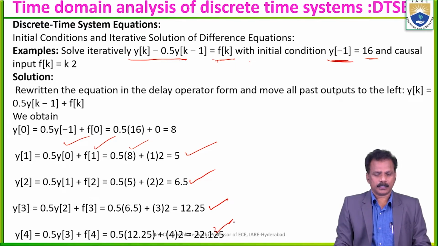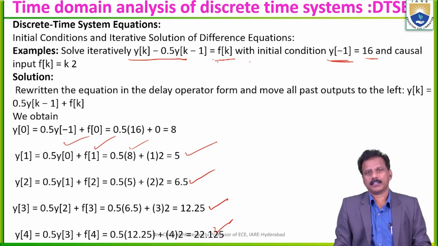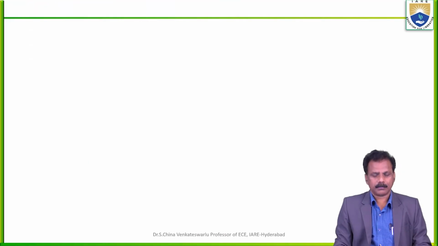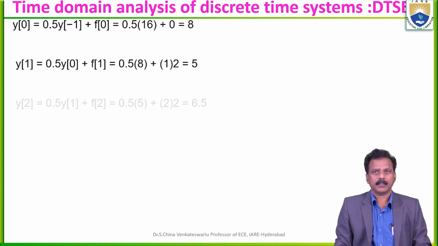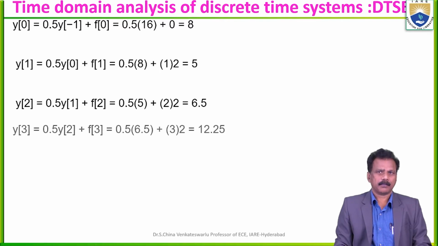So rewrite the equation in delay operator form and move all the past outputs to the left, and you can observe y of 0, y of 1, y of 2, y of 3, y of 4 and so on.